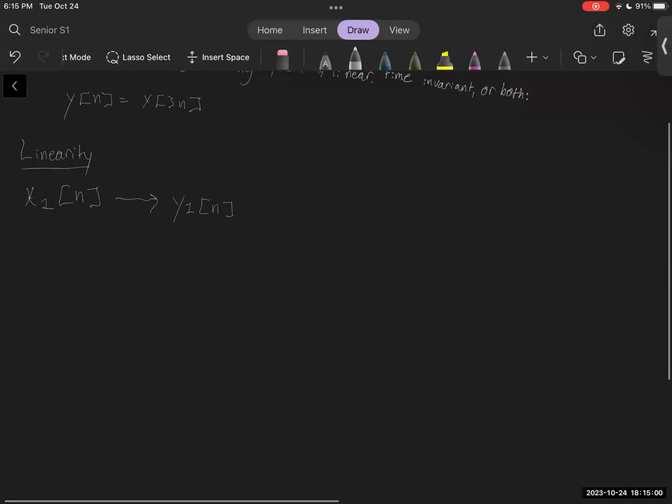And based on our system definition, that is going to be equal to x1 of 3n. And we're going to do the same for x2 of n to get y2 of n, which is going to be equal to x2 of 3n.